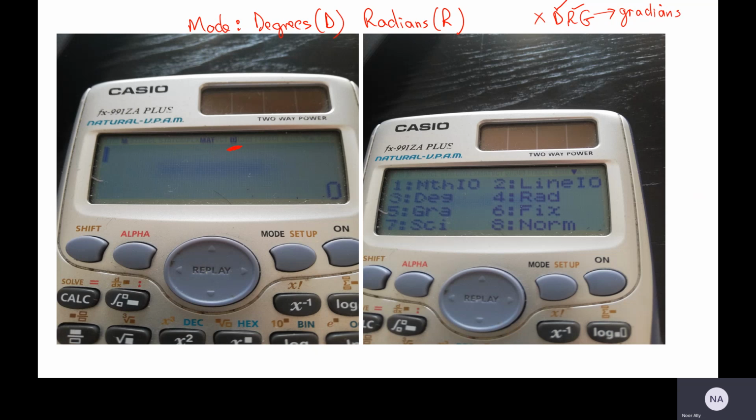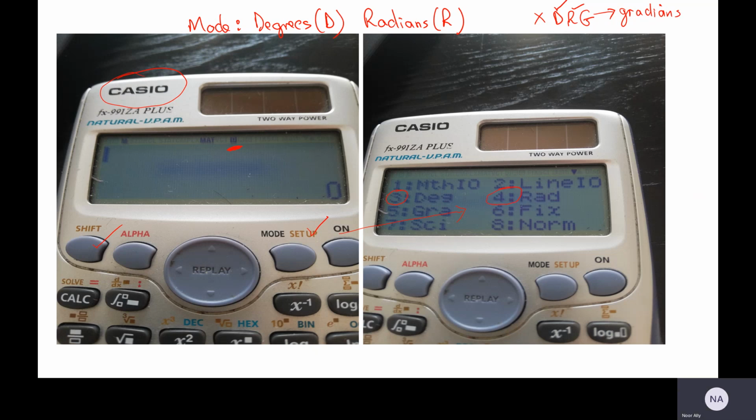Well, for this particular calculator, you press Shift and Setup, and it will show you the screen here. Then you enter 3 for degrees or 4 for radians.